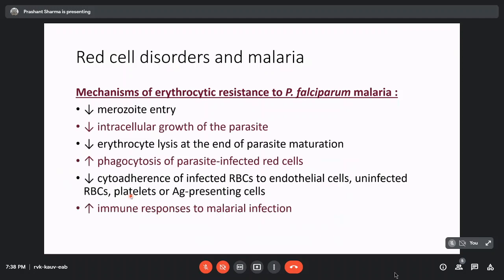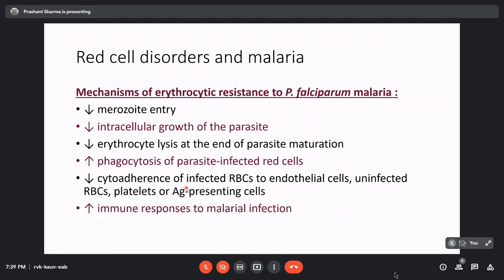We can't go into detail, but there's been a lot of research on this, and it is partly because of decreased merozoite entry, resistance to intracellular growth of the parasite. There's a reduced lysis of the erythrocyte at the end of parasite maturation, so the merozoites don't get released. And there's an increased phagocytosis of thalassemic parasite-infected RBCs.